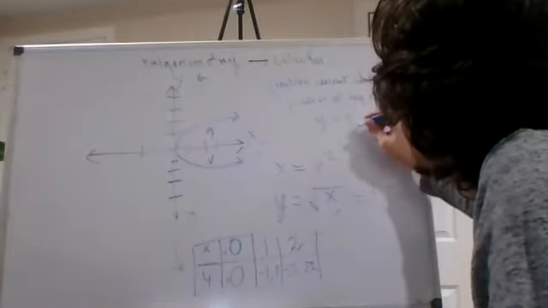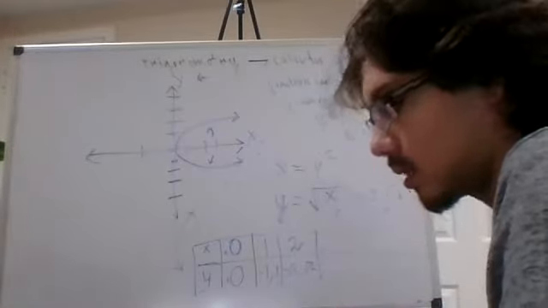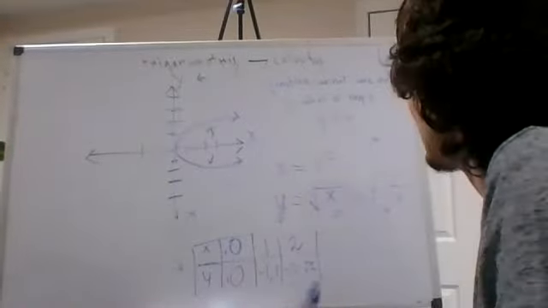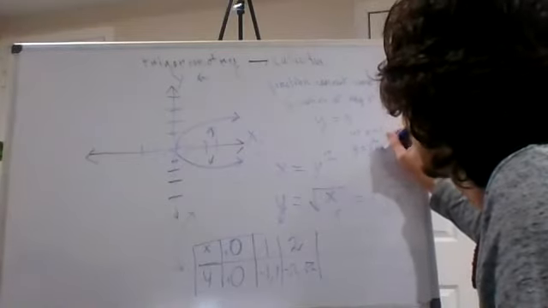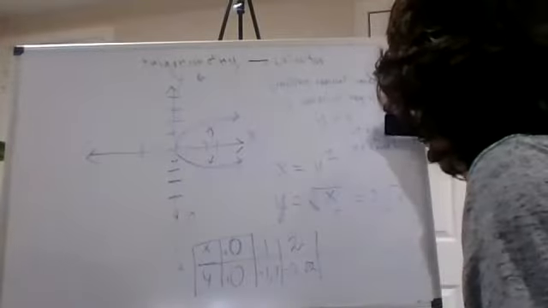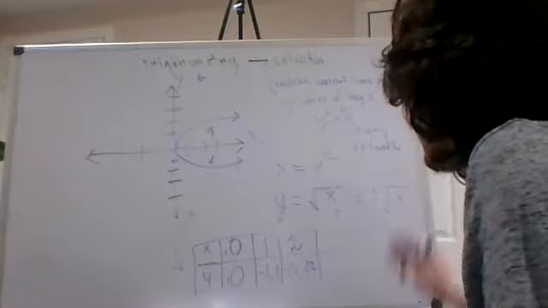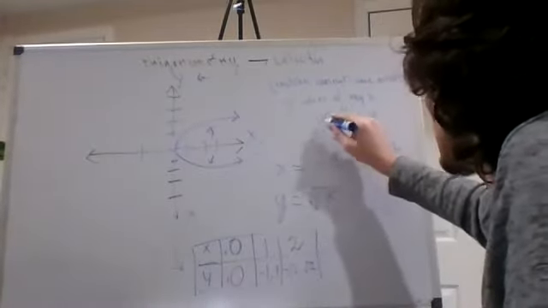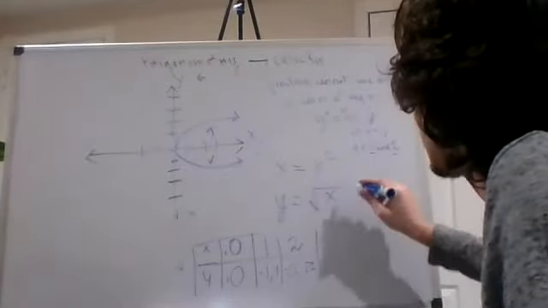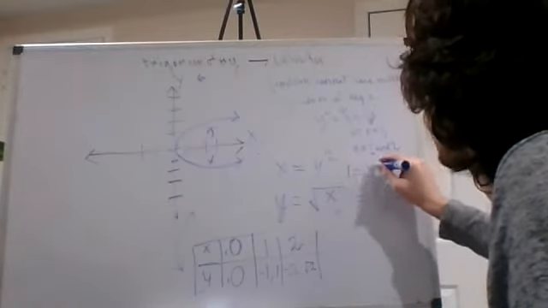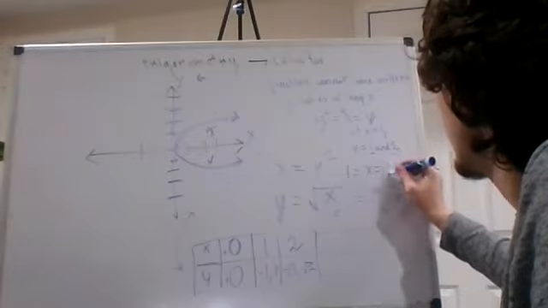So if you said that at x equals 1, y equals 1 and 2, you would say that because y is equal to x and x is equal to y, if y is 1 and 2 at a specific x, then 1 is equal to x at that point, and x is equal to 2 at that one point.